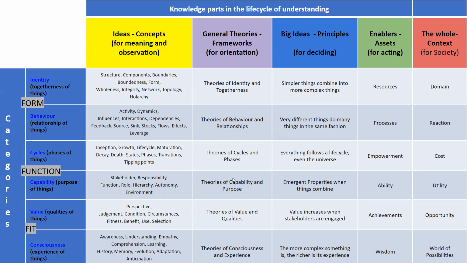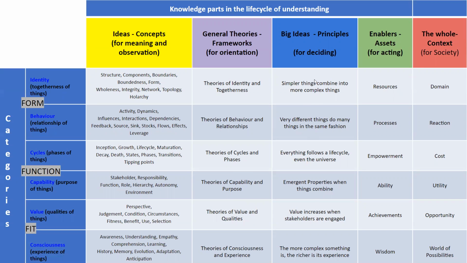Theories of cycles and phases, of capability and purpose, value and qualities, theories of consciousness and experience. This is where those theories and those frameworks would go within this overall meta framework. So the viable system model, for instance, would most likely fit here because it's about the capabilities and purposes of systems within a viable whole. So what I'm showing here is not a general systems theory. It's a way of capturing our knowledge about systems.